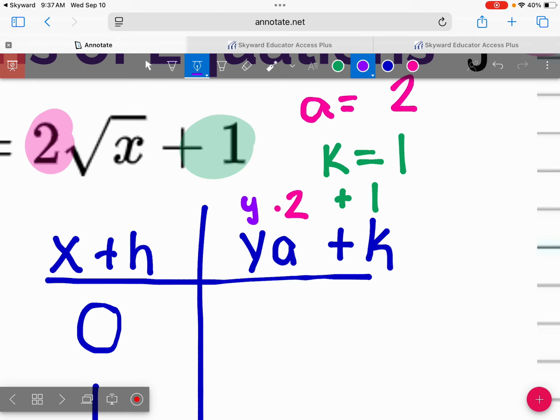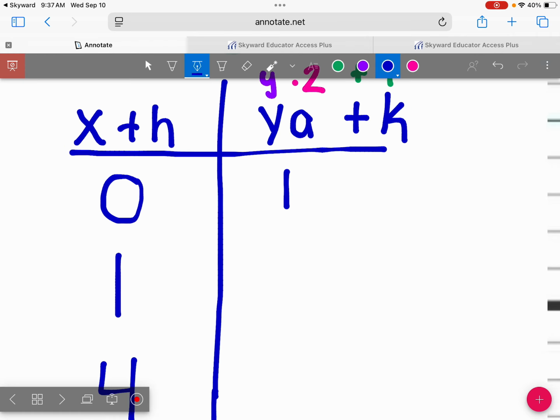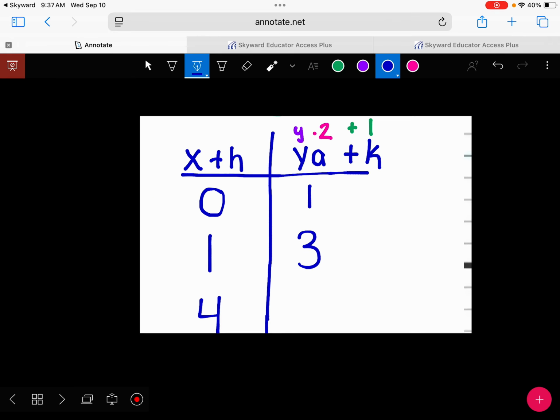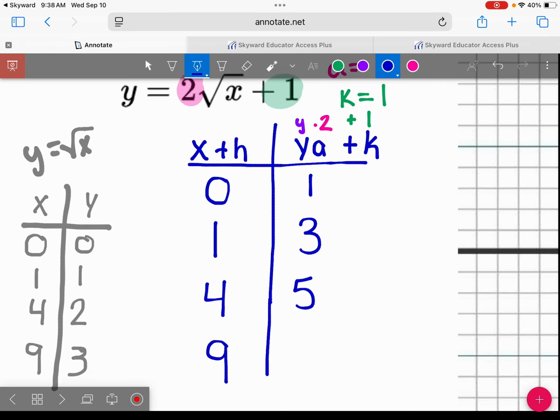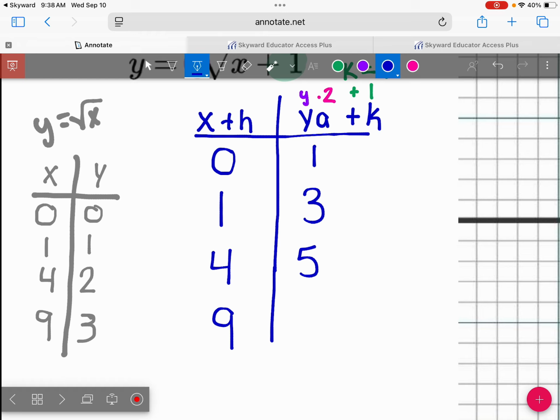So 0 times 2 is 0, plus 1 is 1. Then we're going to have our 1 times 2, which is 2, and then plus 1. So we're going to have 3. For our next y, we had 2. 2 times 2 gives me 4, and then plus 1 gives us 5. 3 times 2 gives me 6, plus 1 gives me 7.